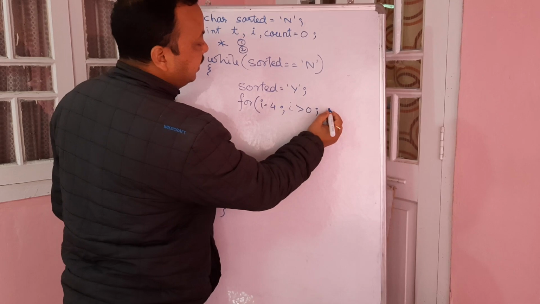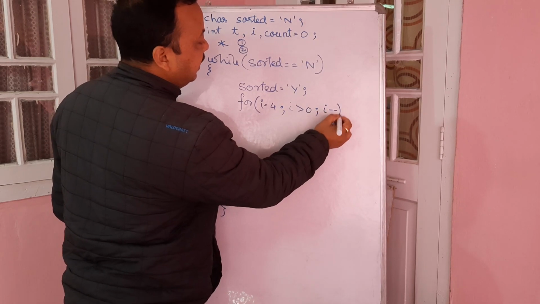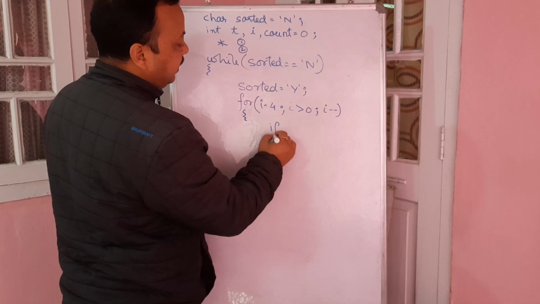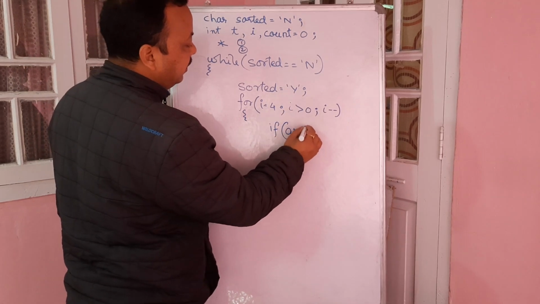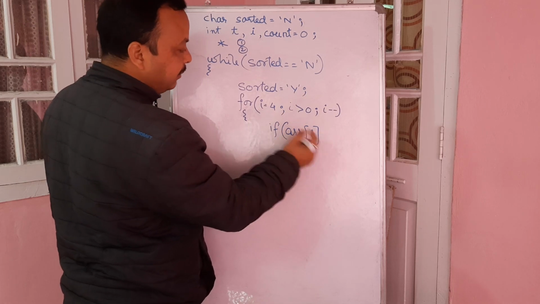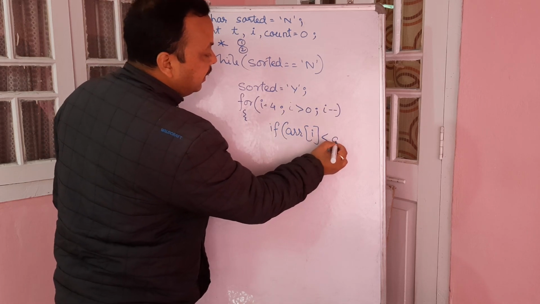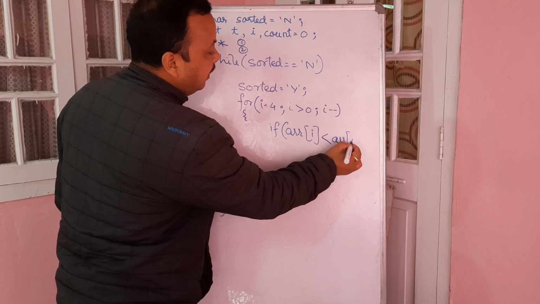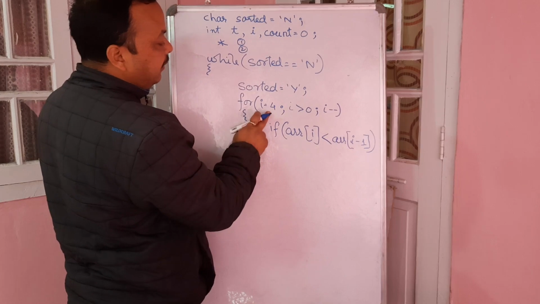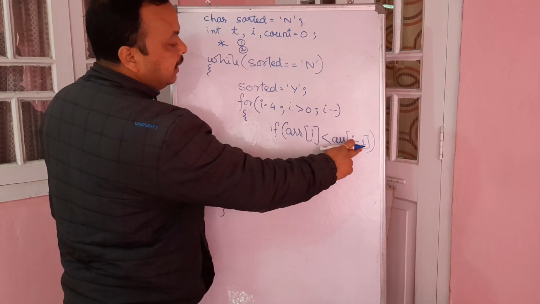for i = 4, i greater than 0, i minus minus. Next, what is the comparison? If arr[i]'s value, i is 4, meaning the last element, is it smaller than arr[i-1]? What is i minus 1? If i is 4, then i minus 1 is 3.